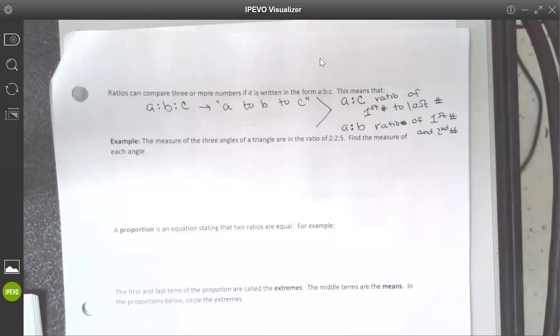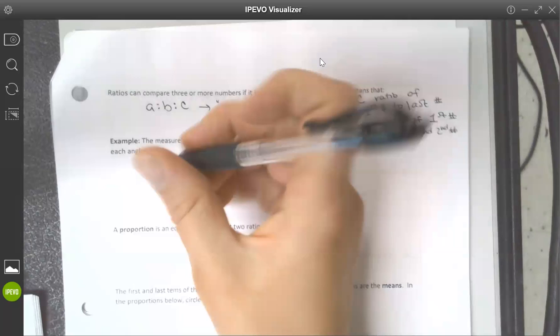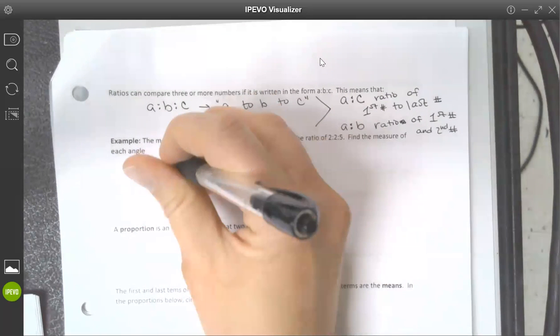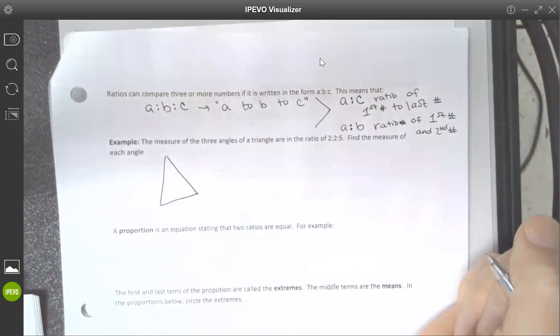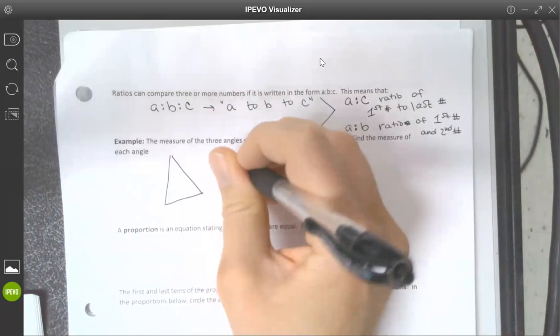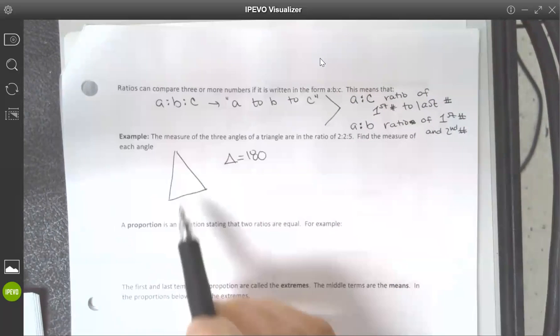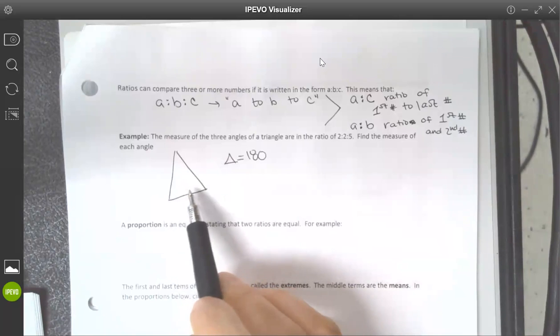One way that you could see a ratio with three numbers, and I feel like this is a standardized test type question, it says the measures of three angles in a triangle are in the ratio of 2 to 2 to 5. Find the measure of each angle, which means if I have this triangle, okay, and I know a triangle equals 180, I know that these three angles are 2 to 2.